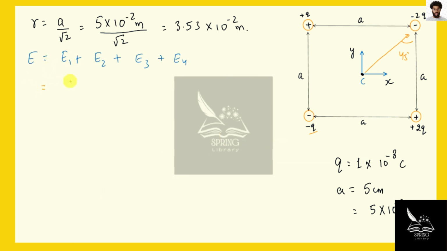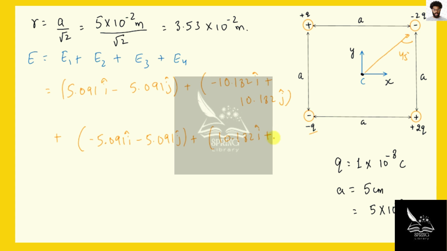So E1 we have calculated as 5.091 i cap minus 5.091 j cap, plus E2, we have minus 10.182 i cap plus 10.182 j cap, plus E3, we have minus 5.091 i cap minus 5.091 j cap, plus E4 we have 10.182 i cap plus 10.182 j cap. Now we're going to simplify this.